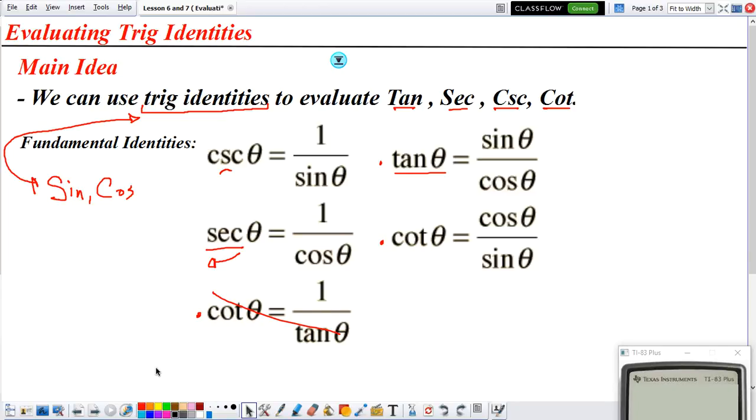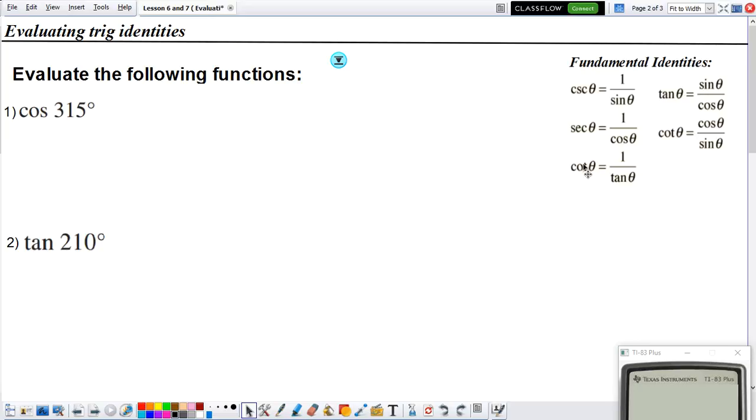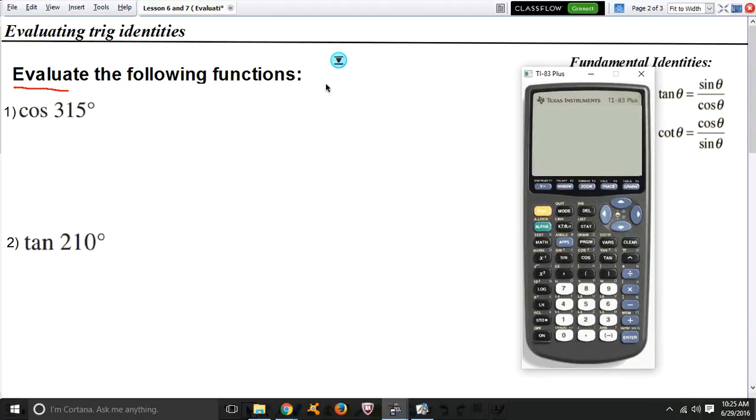But now let's actually use them. Here I just wrote the trig identities on the side just in case we need them. If we want to evaluate, basically it's just asking us to use our calculator to find the numerical value.